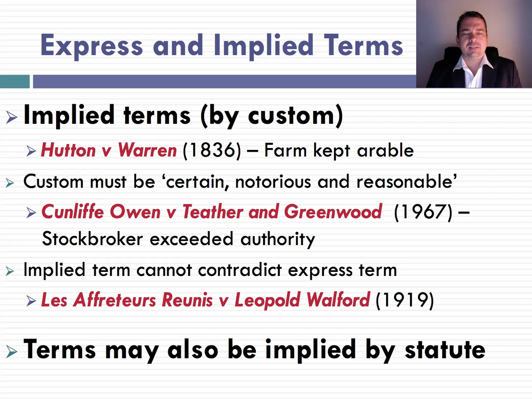Now, lastly on this issue, we can look at the case of Les Affréteurs Réunis and Leopold Wolford. This is a case where Leopold Wolford helped with the formation of a contract between ship owners and charterers. In other words, Leopold Wolford was the broker.